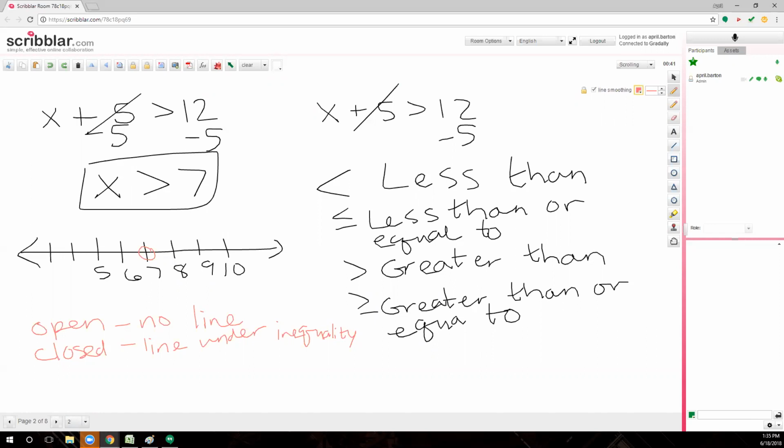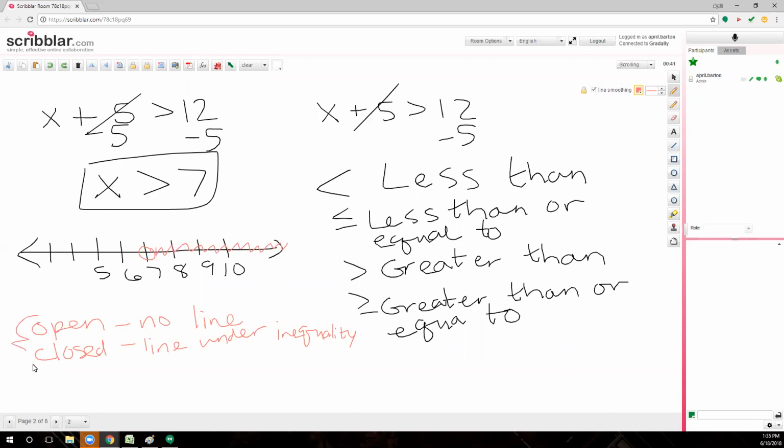Do we think greater than means shade to the right or shade to the left? Is it to the right? Good. All the numbers bigger than 7, 8, 9, 10, those are all bigger than 7. So we shade to the right.